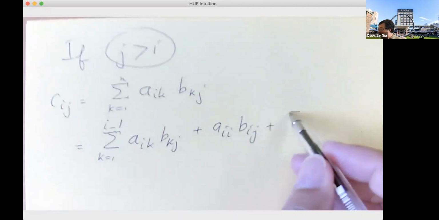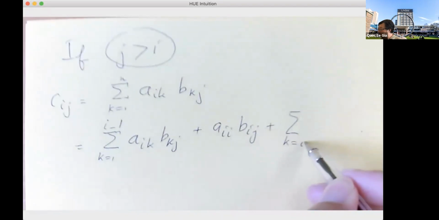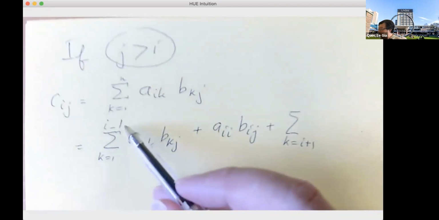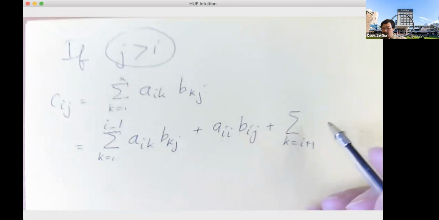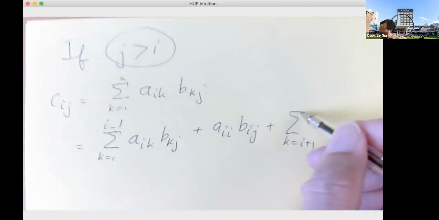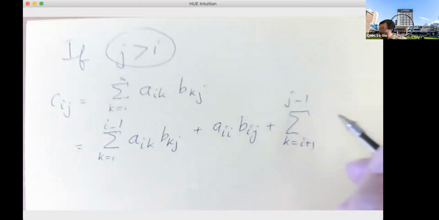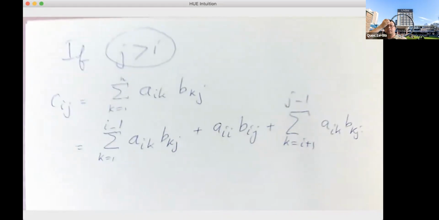Now I start again, but now k has to run from i plus 1. Remember, we stopped at i minus 1 and then k equals i, so k has to run from i plus 1, but now I stop at j minus 1. So I have Aik, Bkj.